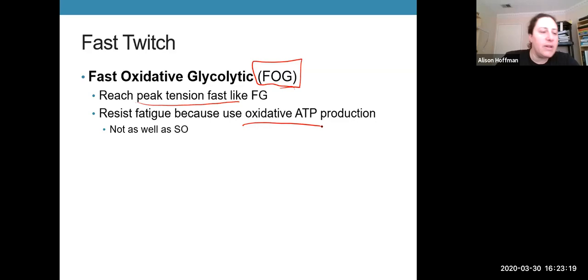So they're faster than the slow oxidative, and they're longer lasting than the fast glycolytic. So they're kind of in between. We don't actually have a lot of them. They're more common in other species though. So clearly it's not super critical for us to have them. But it is the third option.